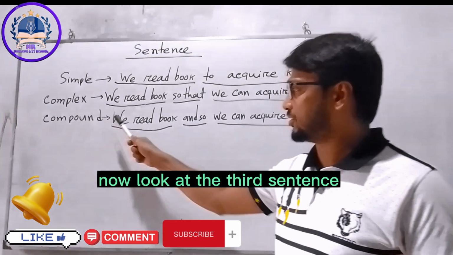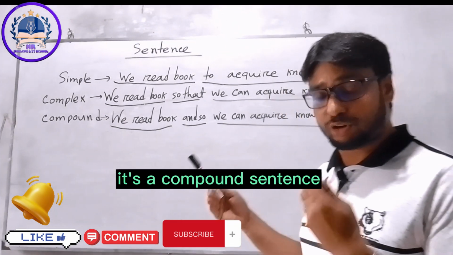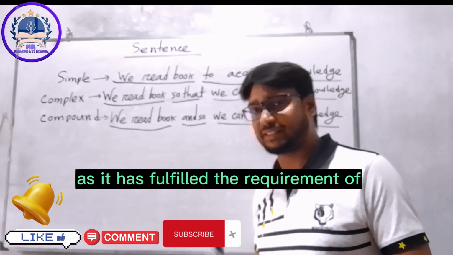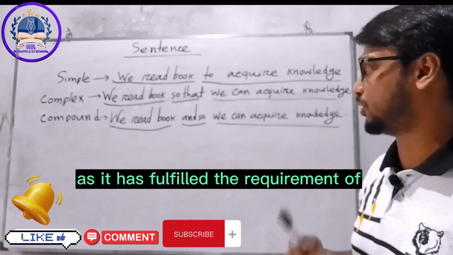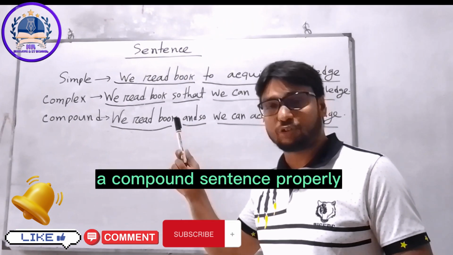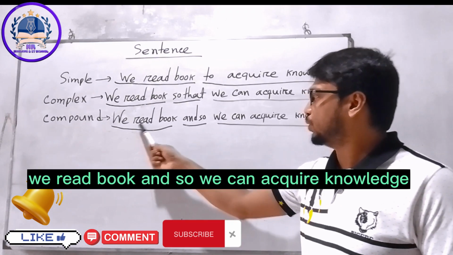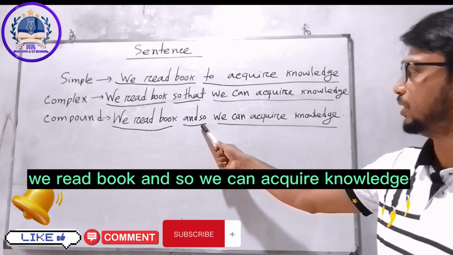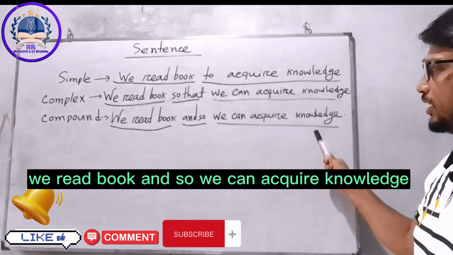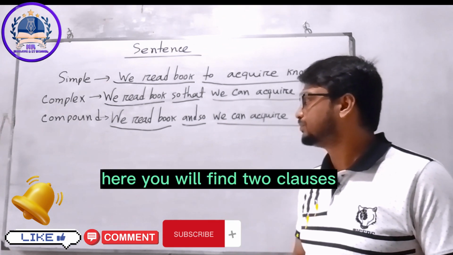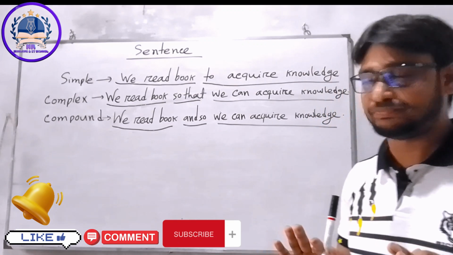Now, look at the third sentence. It's a compound sentence, as it has fulfilled the requirement of a compound sentence properly. Look at the sentence. We read book and so we can acquire knowledge. Here, you will find two clauses.